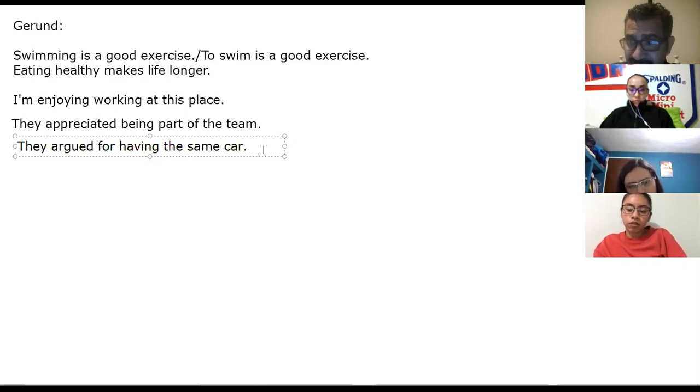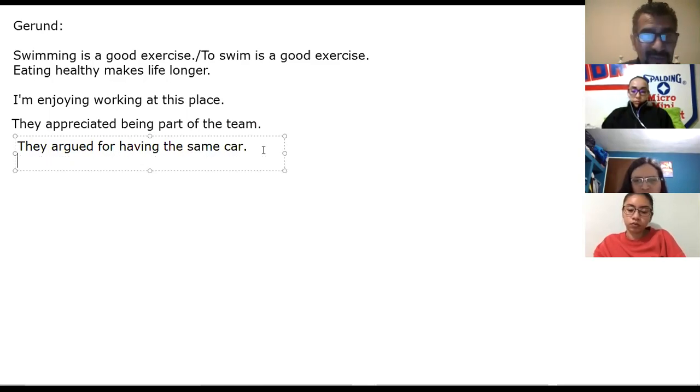So after a preposition, we have to use a gerund if we are going to use an action. Only if we are going to use an action, we use it in gerund form. If you have any questions, ask me. No questions? All right, another example with a preposition.